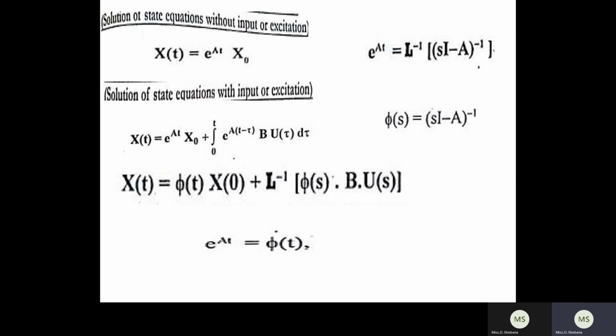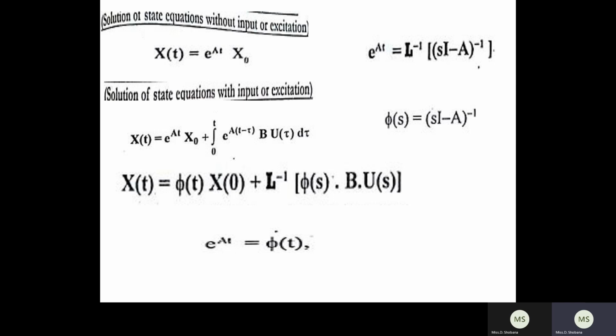So now we are going to write the concepts of controllability and observability. Here, controllability: for the state variables, if it is possible to transfer the system state from any initial state to any other desired state, that is called controllability and observability of the system.